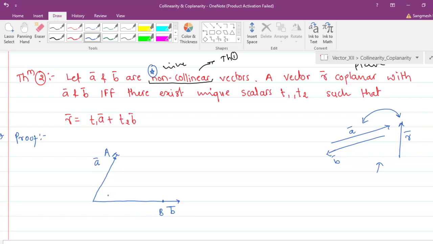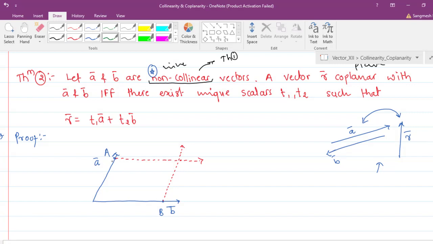Now using the parallelogram law, how can you find the resultant here? If I extend these coordinates, if I draw along the b bar and along the a bar, what will be this?